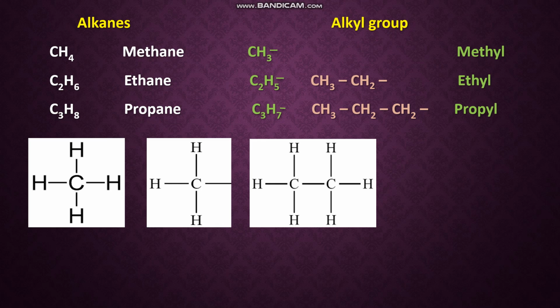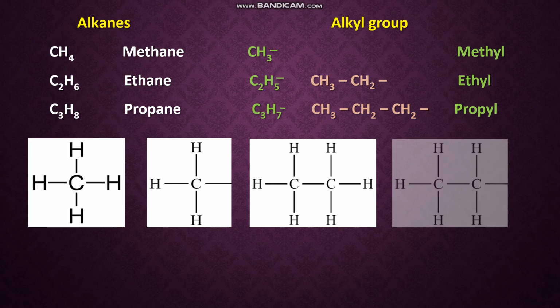In this, one hydrogen is less. This is called the ethyl group. So what is the formula? C2H5 with one bond. As I told already, this bond, it can be attached to a functional group or any other carbon chain, etc. So alone one alkyl group is not existing and this is called ethyl.